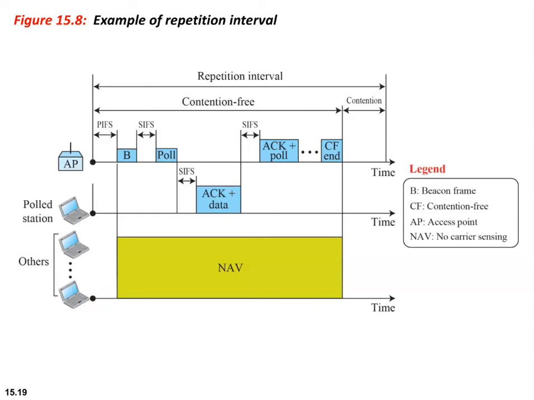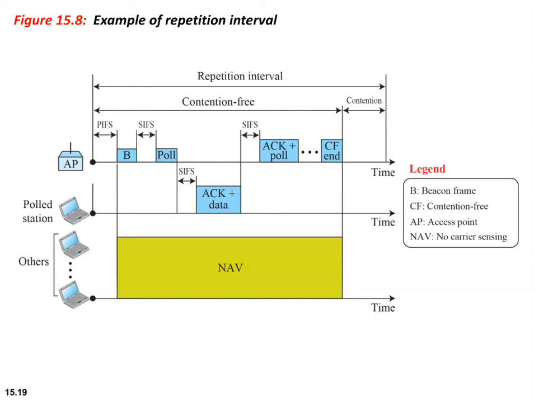During this time, no carrier sensing is performed. During this repetition interval, the point controller, which is said to be PC, sends a poll frame after a short interframe space.